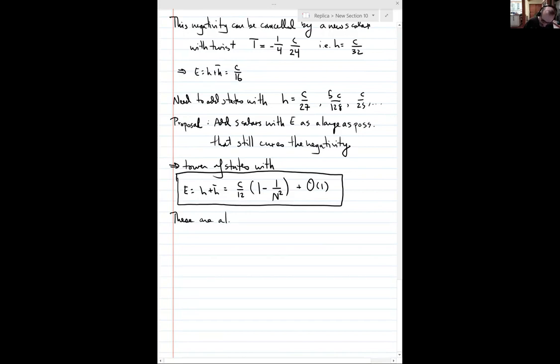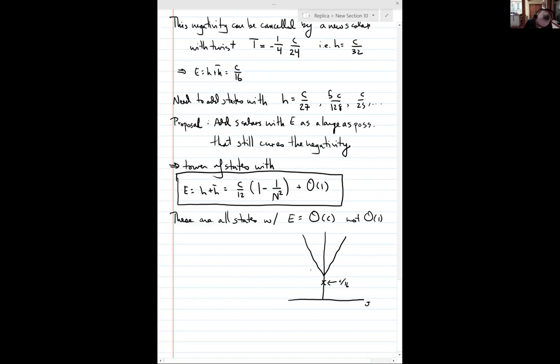these are all states with energies of order the central charge, not order 1. Even if n is of the order of central charge and so on? Yes. So in particular, in terms of the spectrum, we have these black hole states. So the lightest state is right here with energy c over 16.